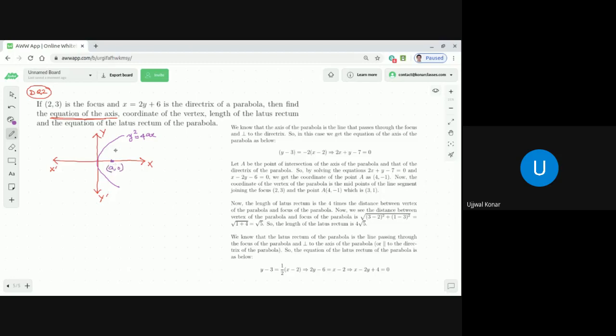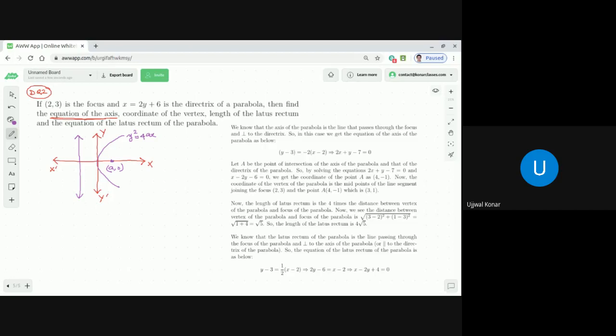It is passing through the focus, and the directrix is here, correct or not? So it's perpendicular to the directrix. This is the fundamental definition of the axis of a parabola: it passes through the focus and is perpendicular to the directrix of the parabola.